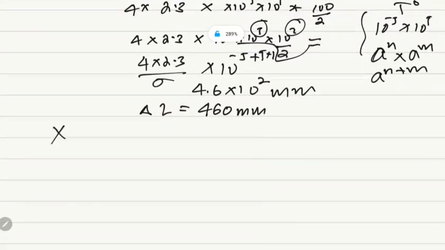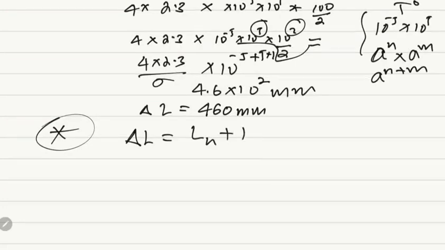The second question asked you to calculate its length at the hotter temperature. Since we already have the change in length, we can use a simple way. The change in length is the length at the hotter minus the length at the colder. So you can bring this one here. This implies the change in length plus the length at the colder gives you the length at the hotter.